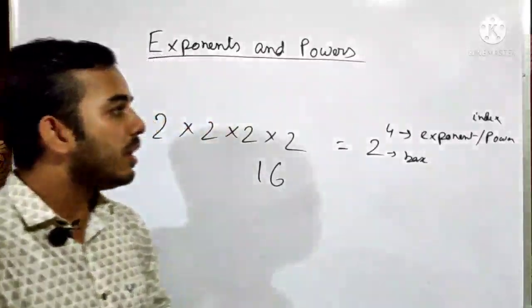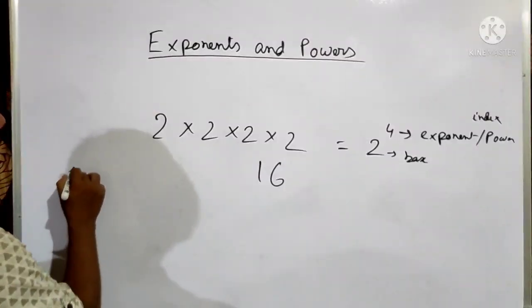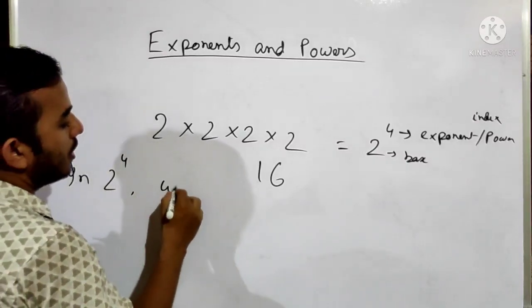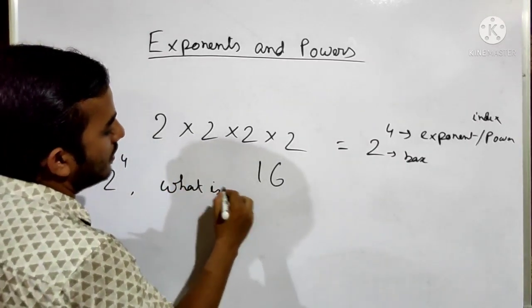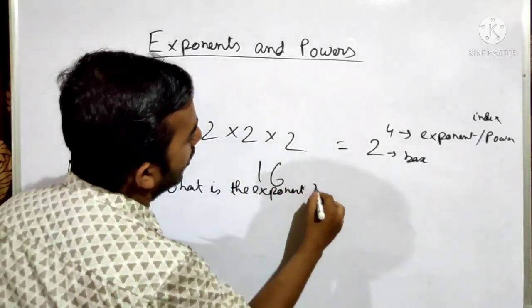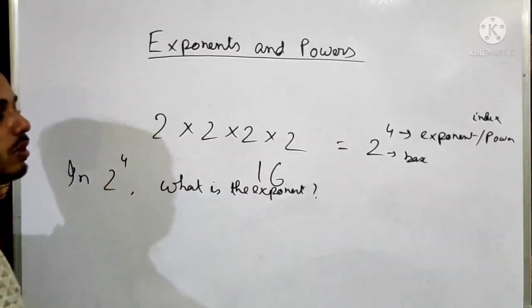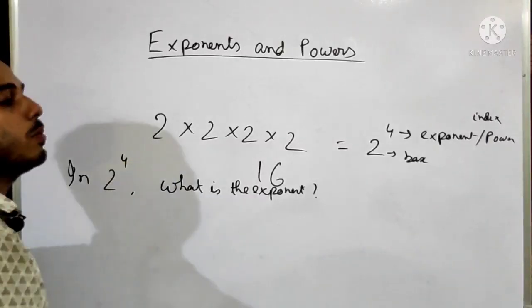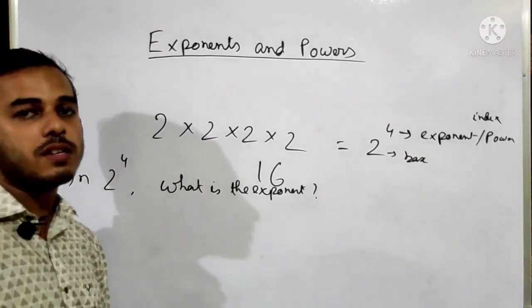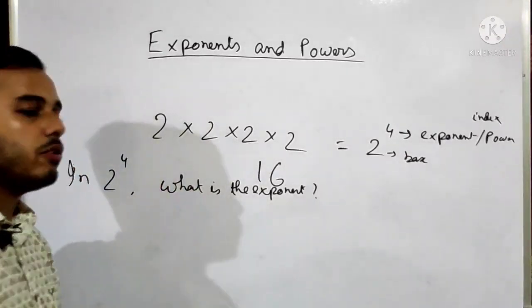For example in 2 power 4, what is the exponent? Your answer will be 4, isn't it? Because this is known as exponent. Or if I ask what is the power, your answer will be 4. Or if I ask what is the index, your answer will be 4.